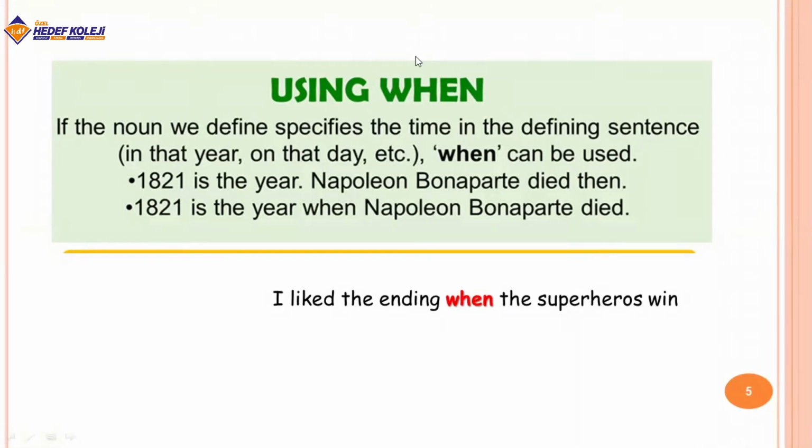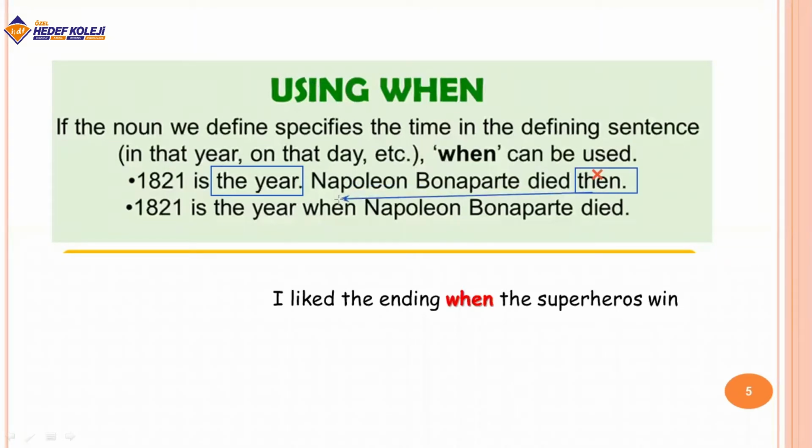It is the year Napoleon Bonaparte died then. The year and then are common. So 1821 is the year when Napoleon Bonaparte died. I eliminate then and I use when instead of then.